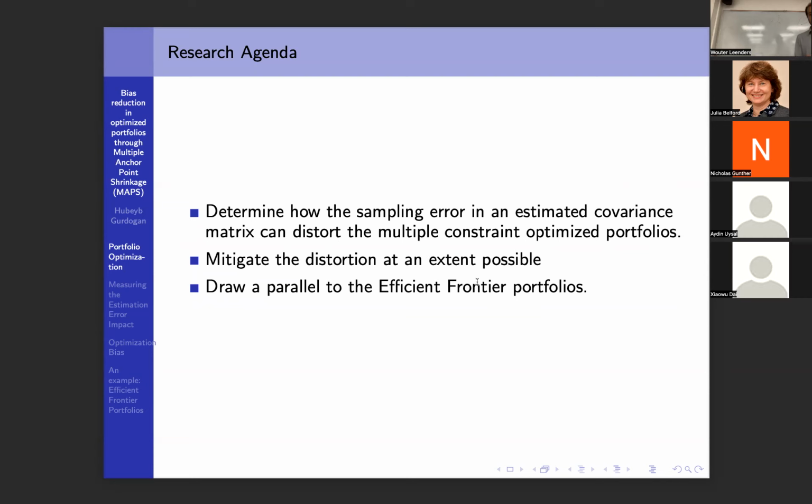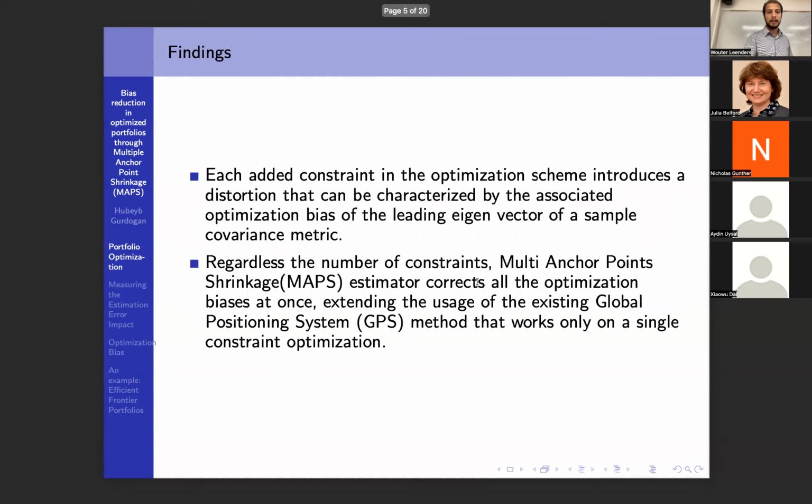Our findings are that in this particular problem with multiple constraints, each constraint added to the optimization scheme introduces an optimization bias term in the direction of the leading eigenvector of the sample covariance matrix. So each constraint generates its own trouble that needs to be fixed.